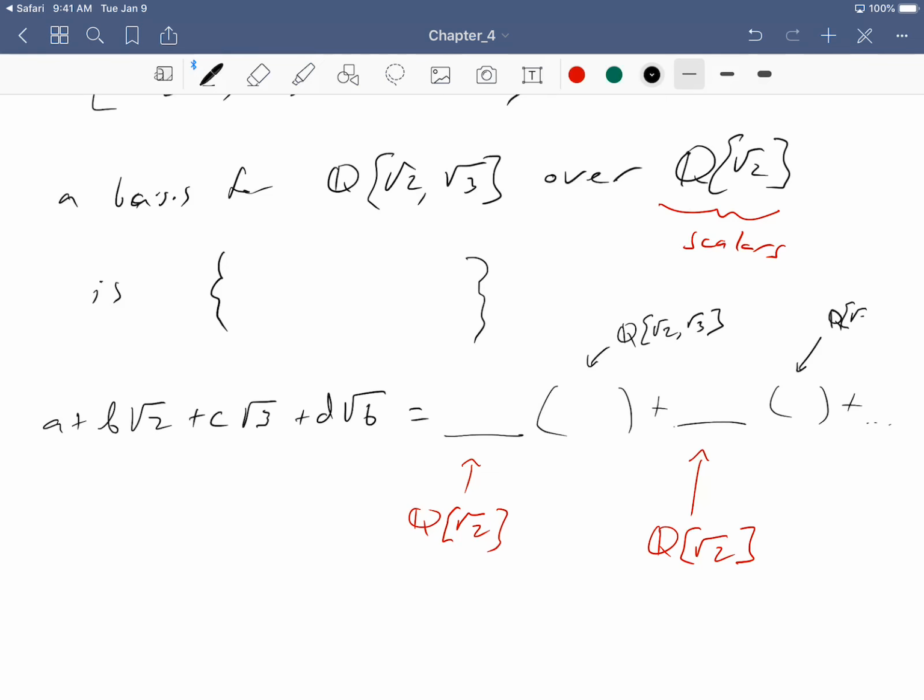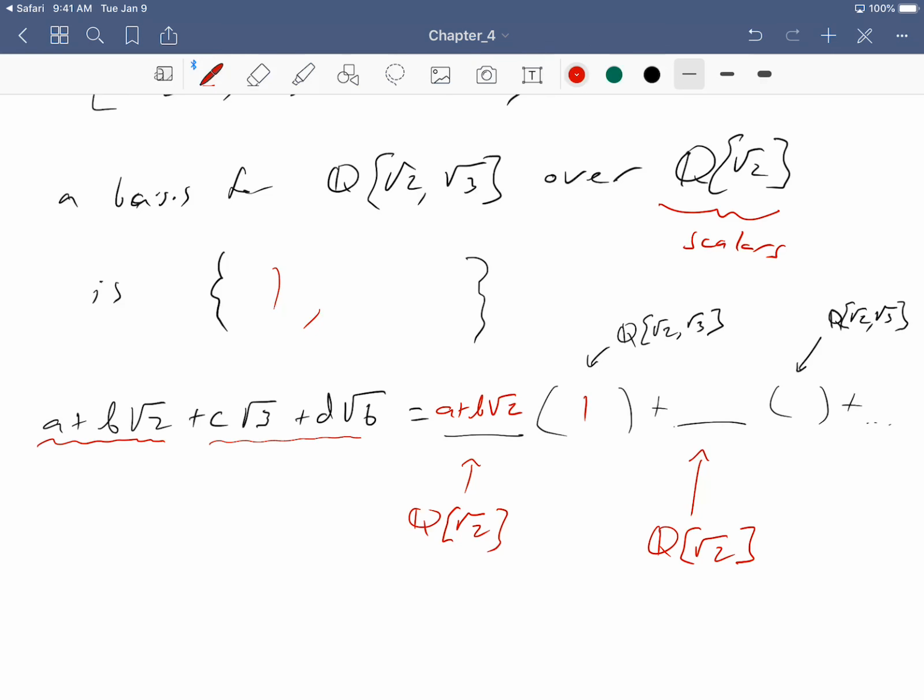Okay, so let's take a look at our generic element and think about how we can pull out some of these scalars in front. You might notice right here, a plus b root 2, that's from Q adjoin root 2. So we can use that as a scalar, and it's times just 1. We usually have 1 as a basis vector. Okay, and now what do we do with this second piece here?